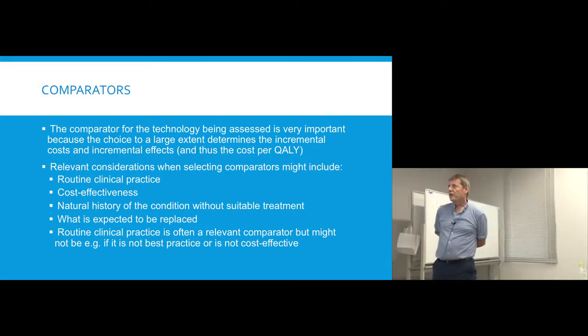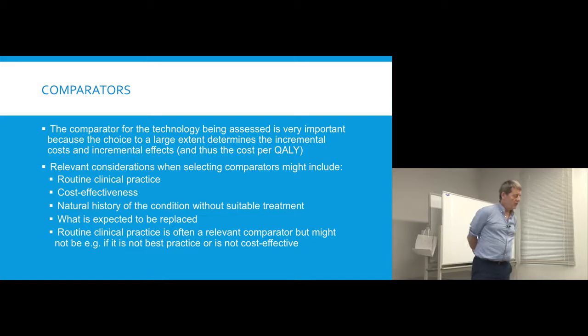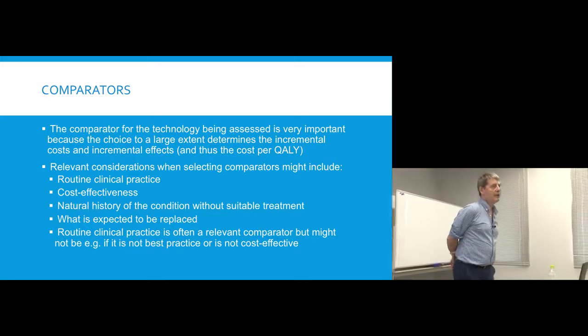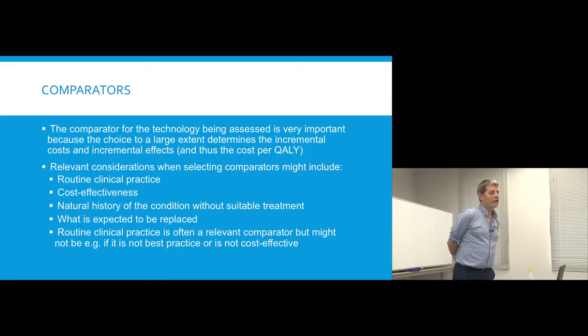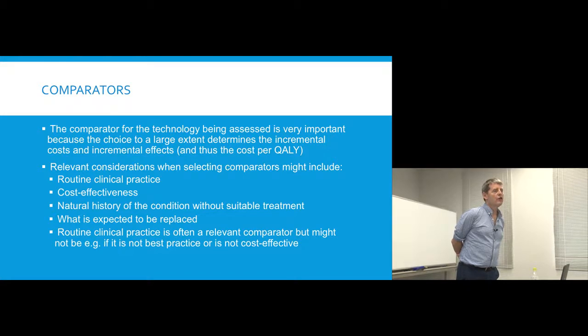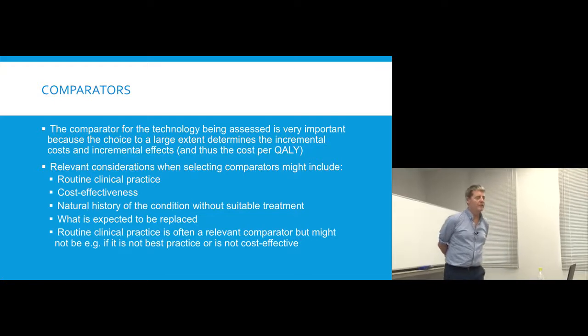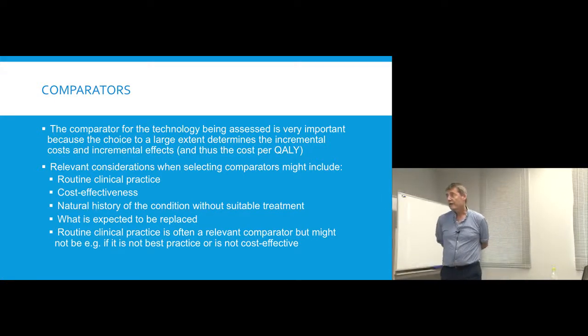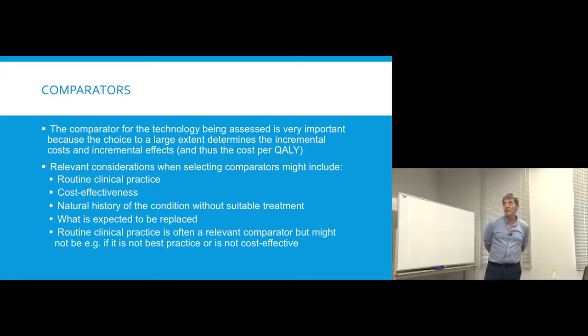Sometimes it's argued what you should look at is what is expected to be replaced. So compare your new treatment to what you expect would be replaced by the new treatment if you were to accept the new treatment. As I said, routine clinical practice is a very strong candidate as a comparator, but it's not going to always be appropriate.